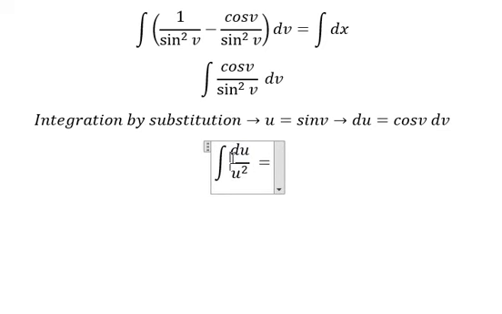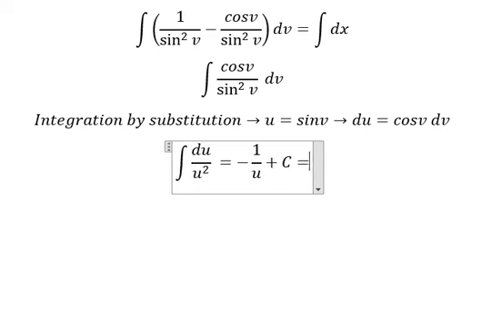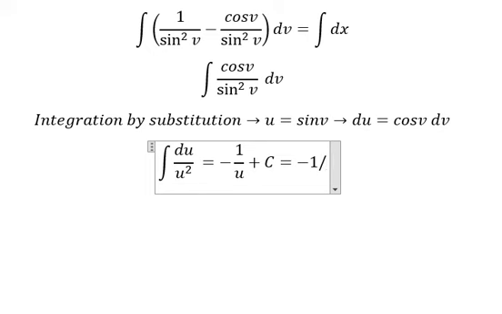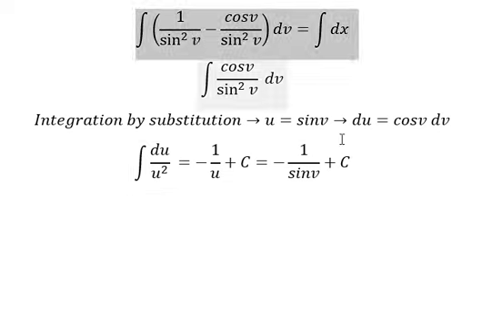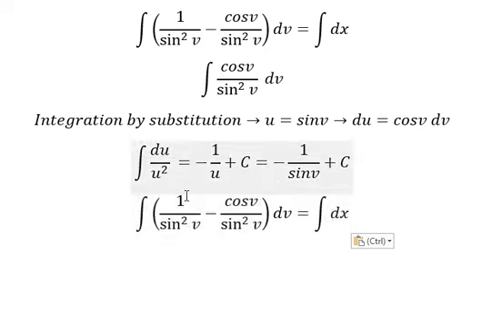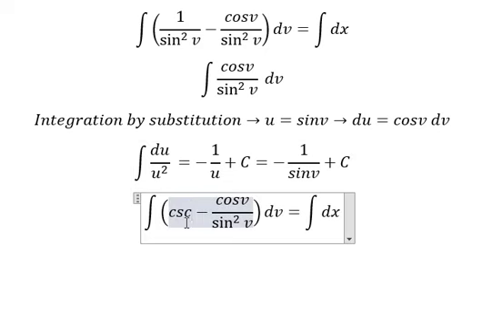So the integration of this one we have negative 1 over u, and I will put plus c. About u, that is sine v. So this one we have cosecant of v.